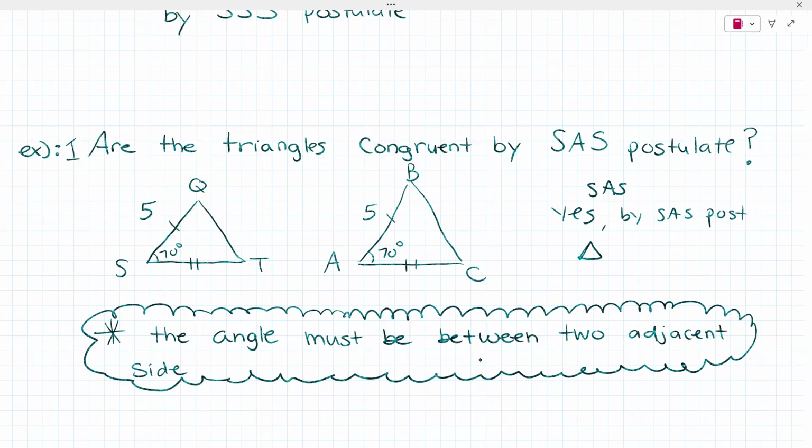So STQ is congruent to triangle, how would you say the other triangle in this order? ACB. So the angle must be between the two adjacent sides. Very important.